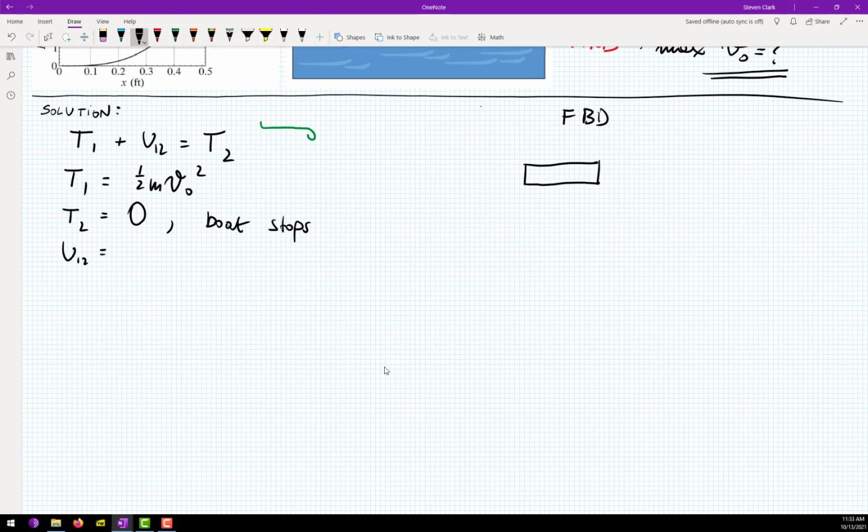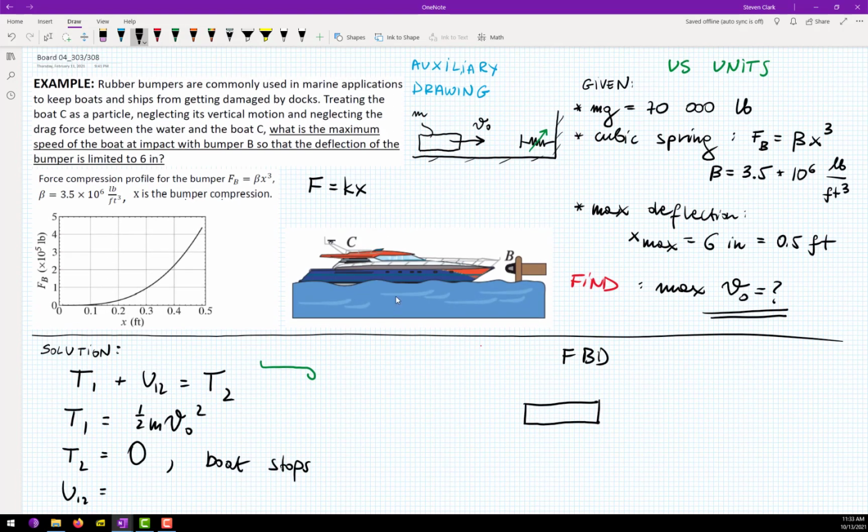So they told us to neglect something, yes? They told us to neglect vertical motion. Aha, so they told us to neglect mg and N. However, since this is our trajectory, it doesn't matter.